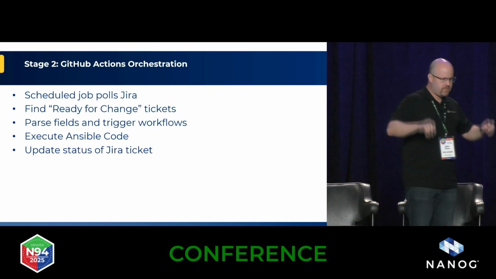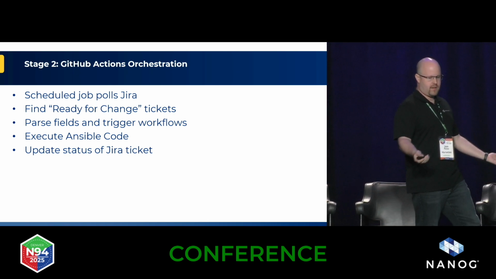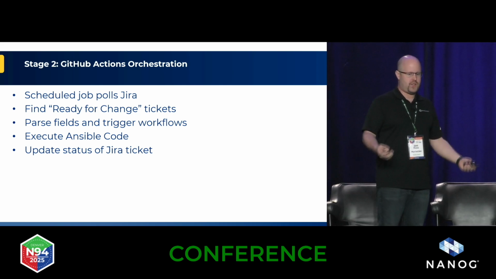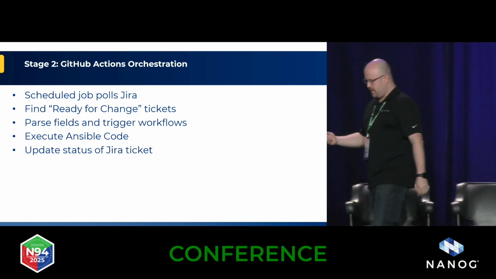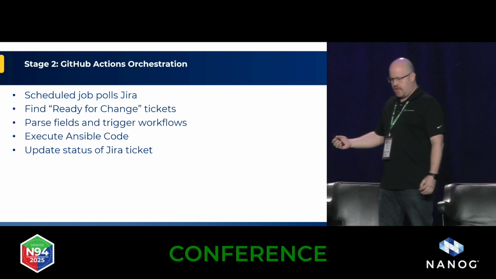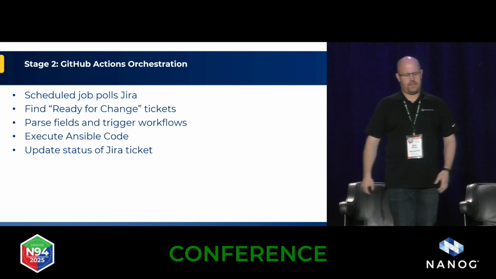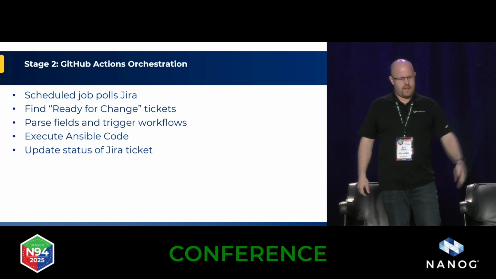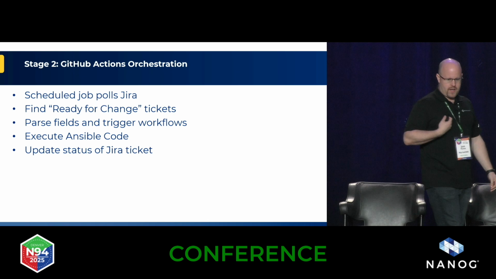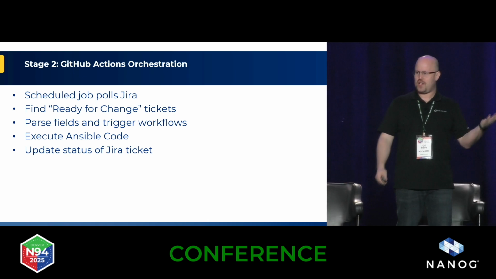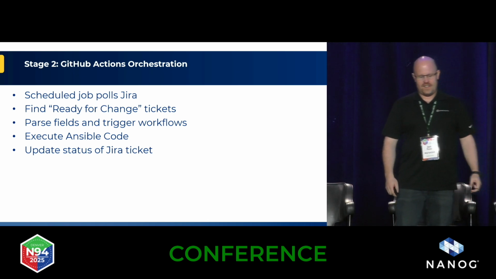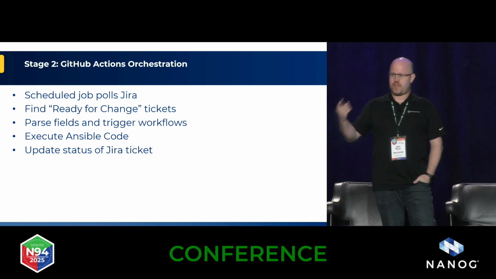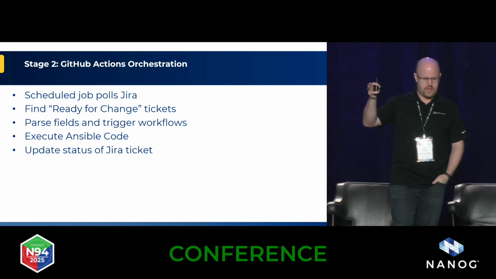Second stage or category is GitHub Actions. Again, this would be your workflow engine category. And again, depending on your background, your organization, frankly, your skill level, and your trajectory, there's different tools. Again, I use GitHub Actions because it was new and it was fun and it was something I haven't done before. But like I mentioned, what GitHub Actions does is every 5 minutes, it reaches out to Jira.